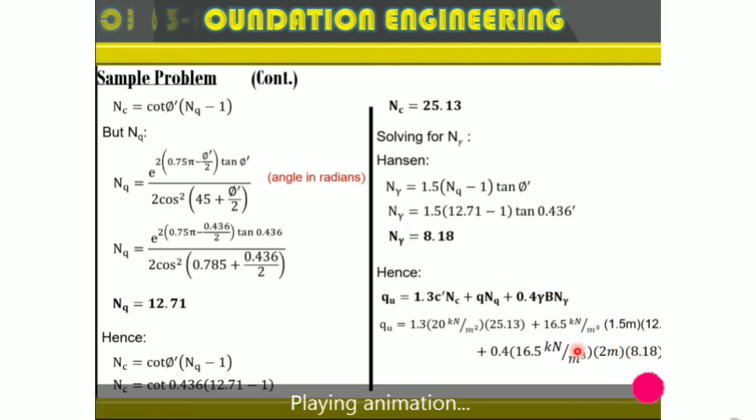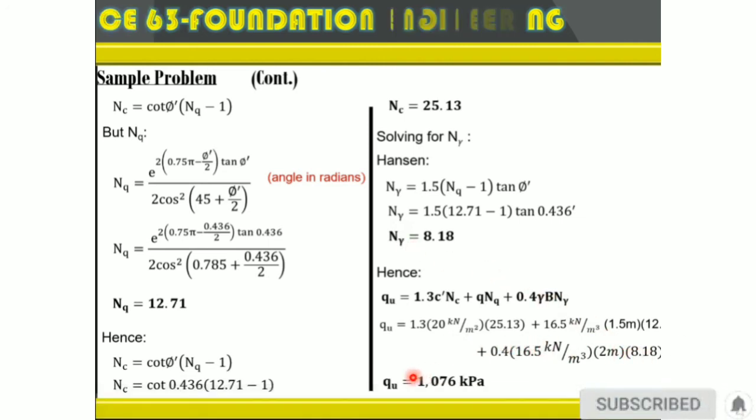So we can get the value of your ultimate q, which is 1076 kilopascal.